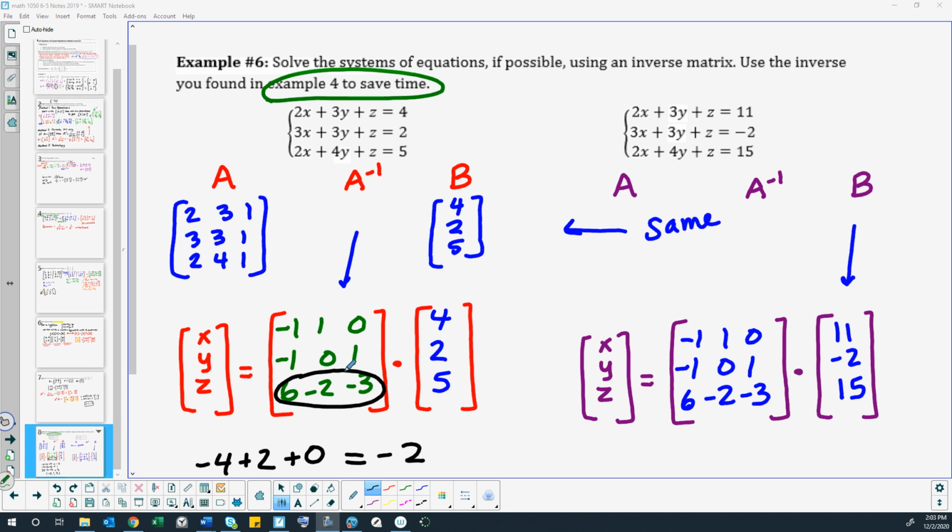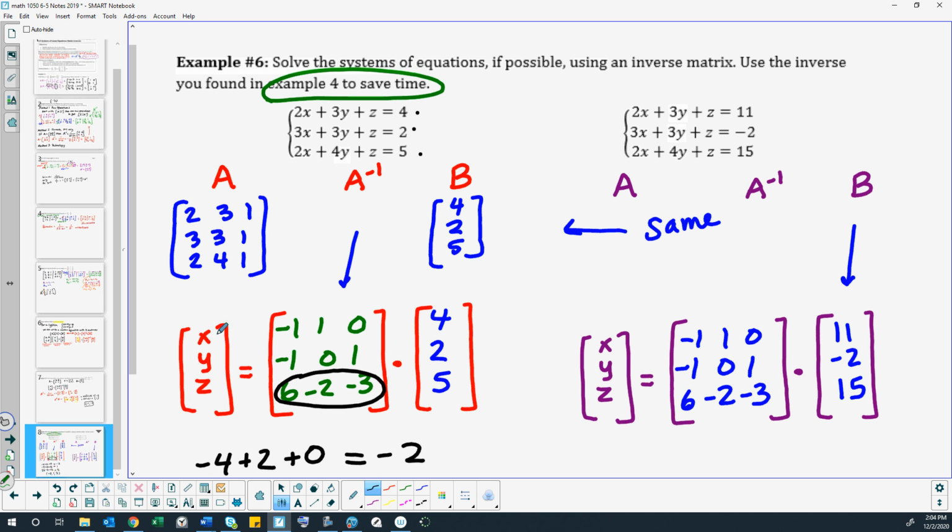So here it is. Refer back to that video to see that process again if you need to. We used the row echelon form. We also used a calculator and saw how to find that in 2 different ways, right? So then the constants are 4, 2, 5. So that's our matrix B.